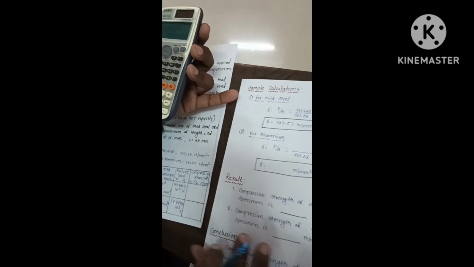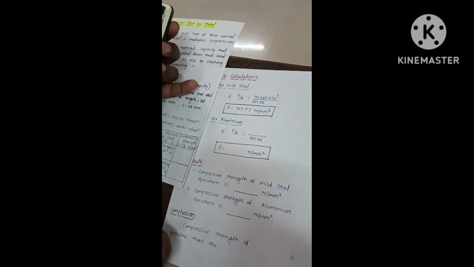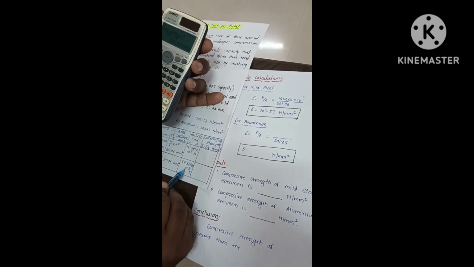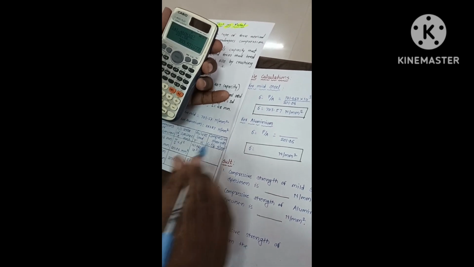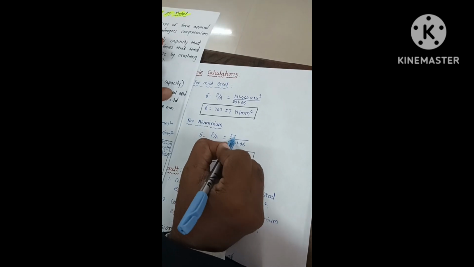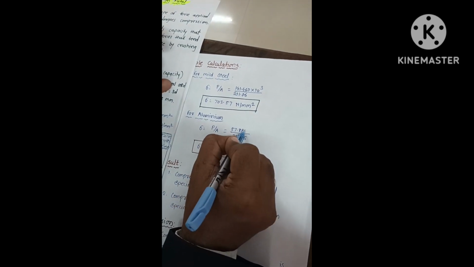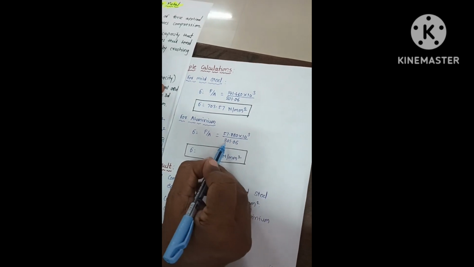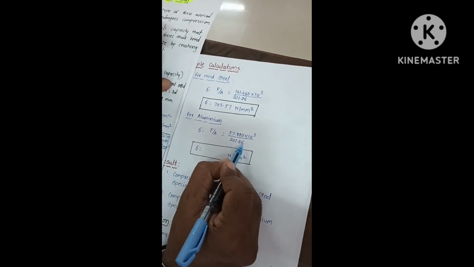Same for aluminum. We got the value of failure load as 57.880 into 10 raised to 3 Newton. We will substitute here 57.880 into 10 raised to 3 Newton. Area here is also the same, 201.06.